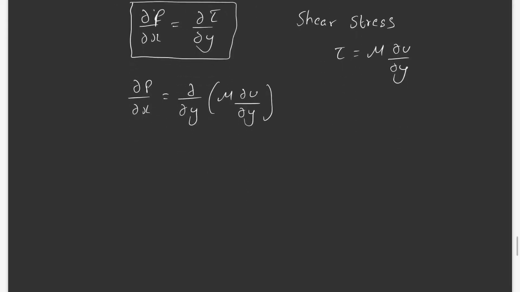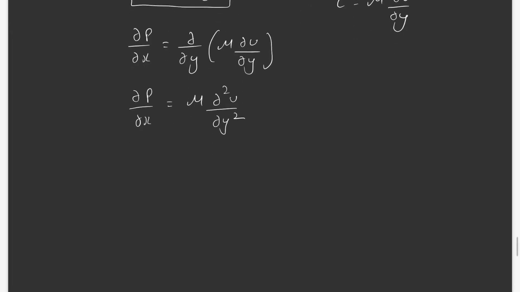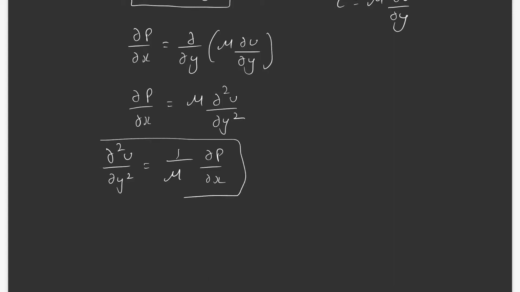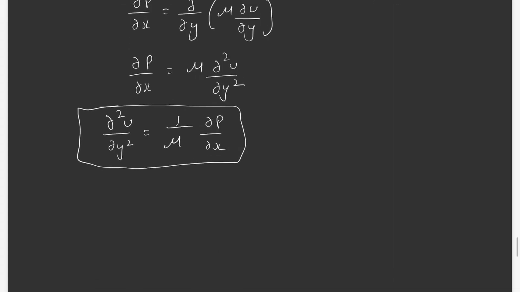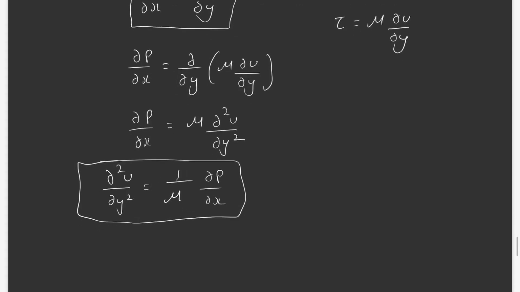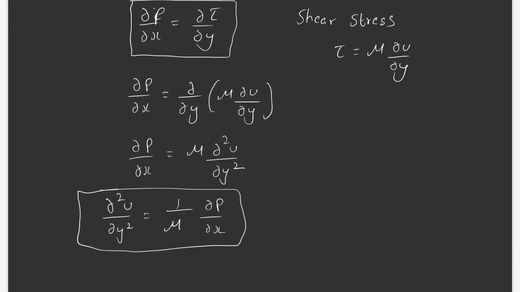What will we get? ∂p/∂x is equal to μ into ∂²u/∂y². Means ∂²u/∂y² is equal to 1/μ ∂p/∂x. This is the relation we are getting by applying this particular equation.